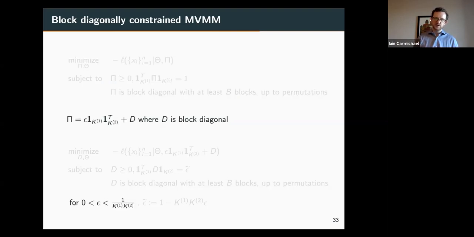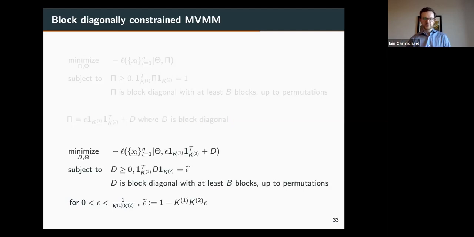So we're gonna decompose pi into the sum of some small term epsilon, and then some matrix D, where D is block diagonal, and we're gonna impose the block diagonal constraints on D. And so we're actually going to solve just the slightly different problem where maximum likelihood estimation and D is going to play the role of pi, and we're going to constrain D to be block diagonal.